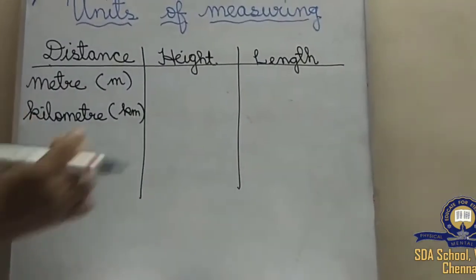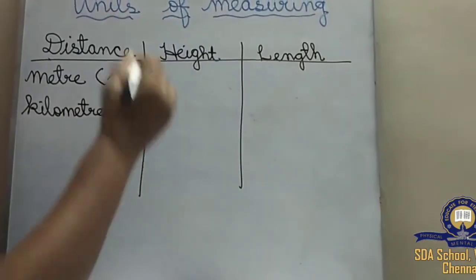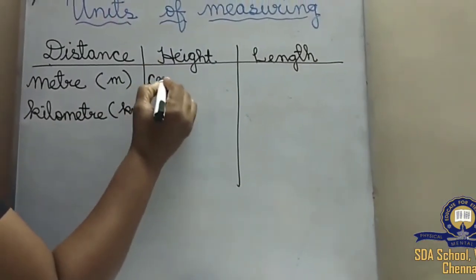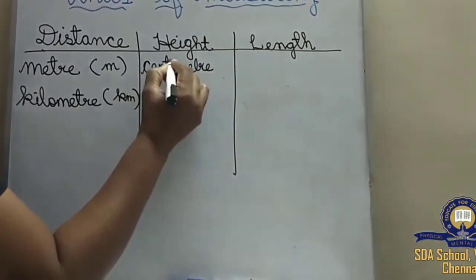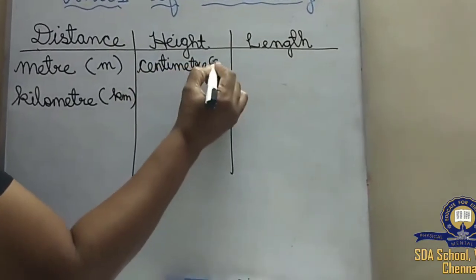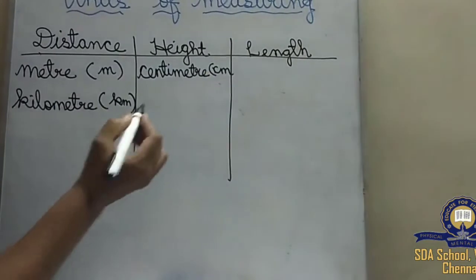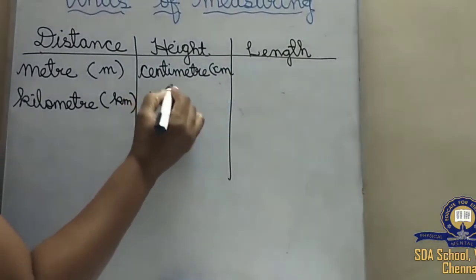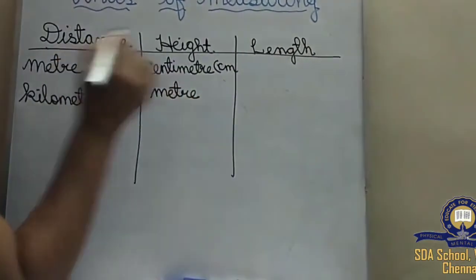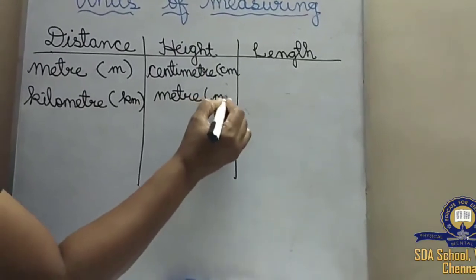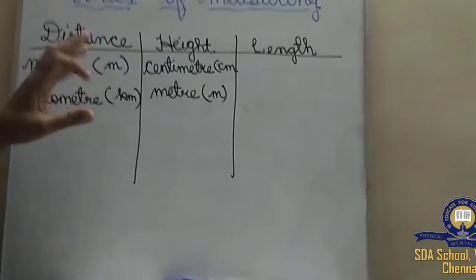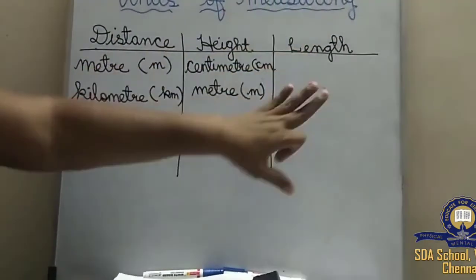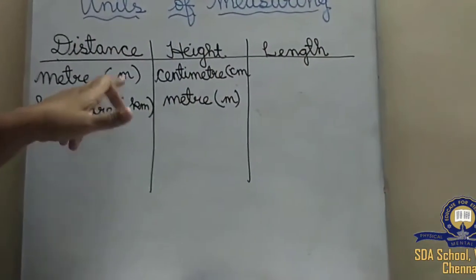And the height is always measured in centimeter or meter. Meter can be used in distance, height and length. For all 3, meter is common.